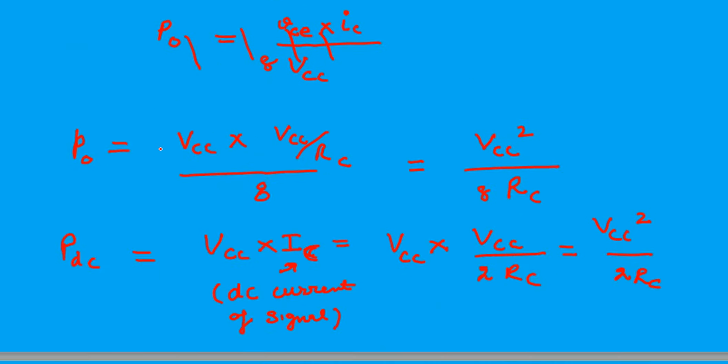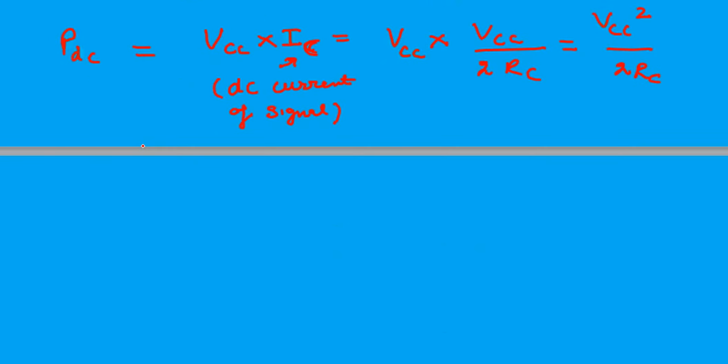So we have the output power, we have the DC power. Now we find the efficiency. The maximum collector efficiency, denoted with eta, becomes output power over the input power.